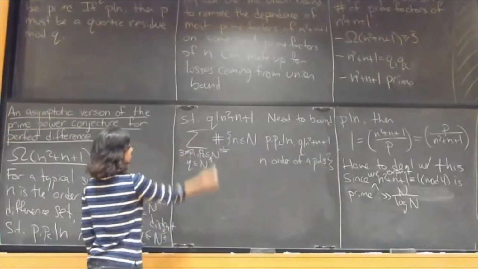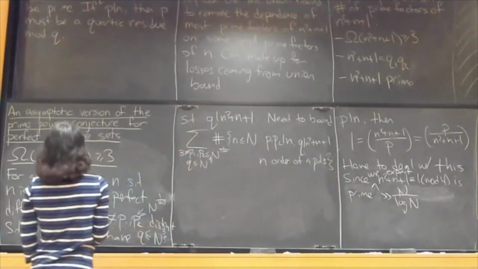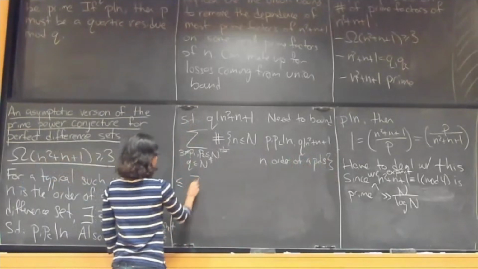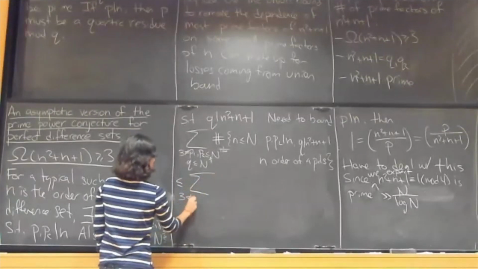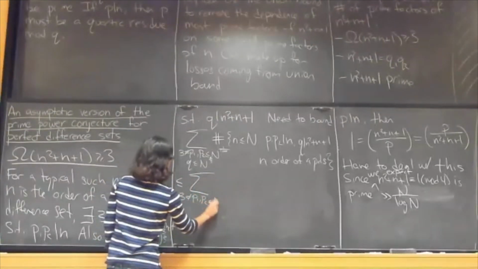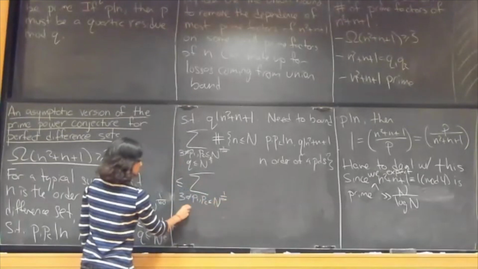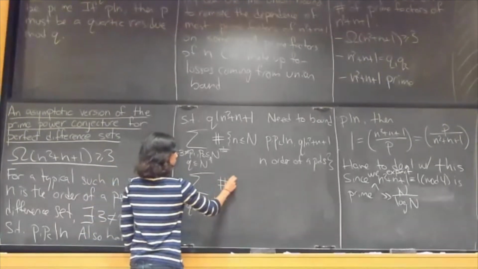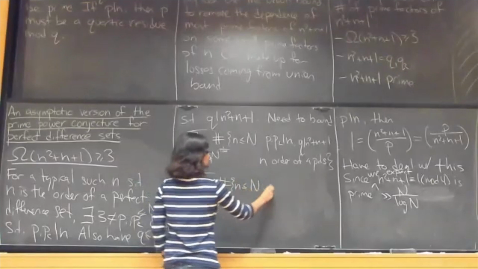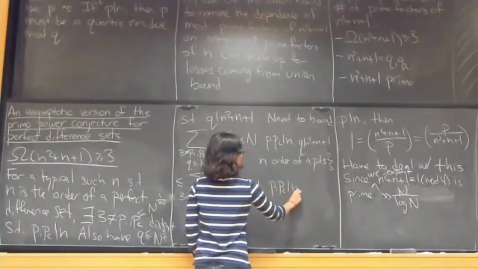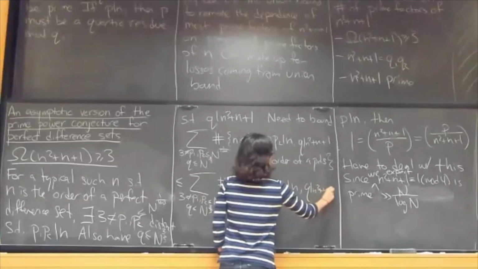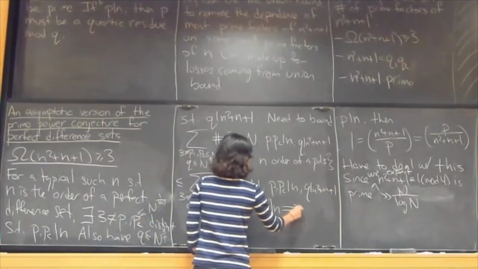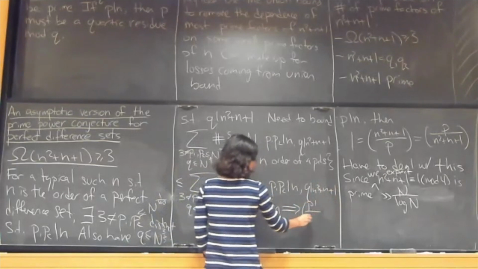Okay, now we apply Mann's theorem. Oh, maybe I erased it. So Mann's theorem says that it's bounded above by a sum over the same thing. And again, such that if p prime is a prime dividing n, then p has to be a quadratic residue mod q.